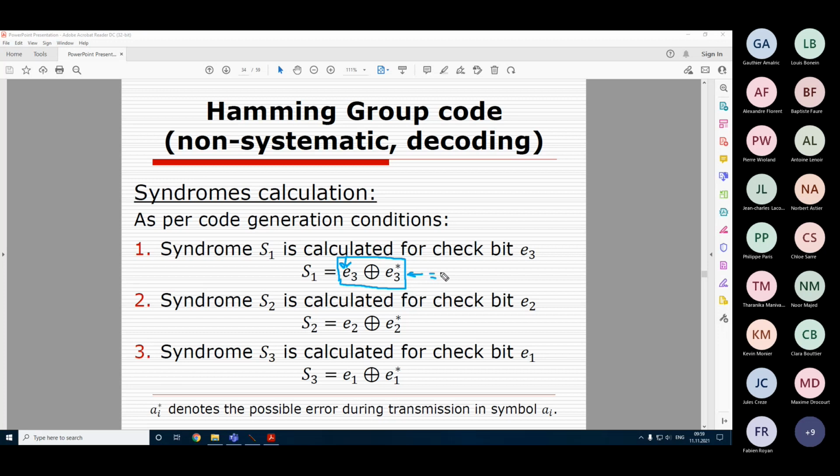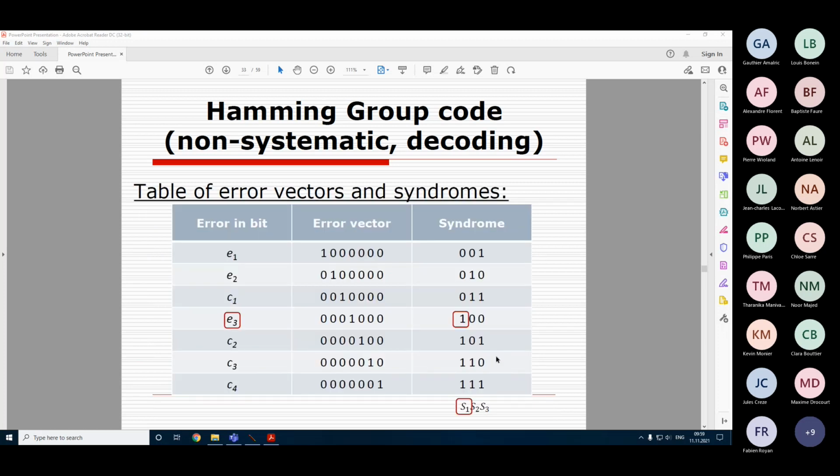If they are different, the result will be 1. We do the same operation for each equation, and hence we can get any syndrome starting from 0, 0, 0 and ending with 1, 1, 1. Accordingly, any syndrome from this table.